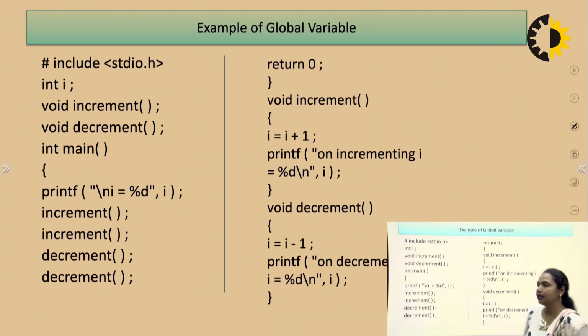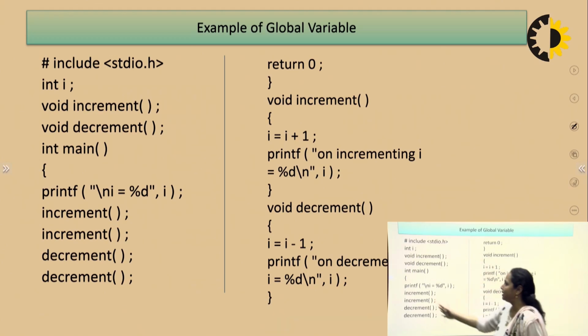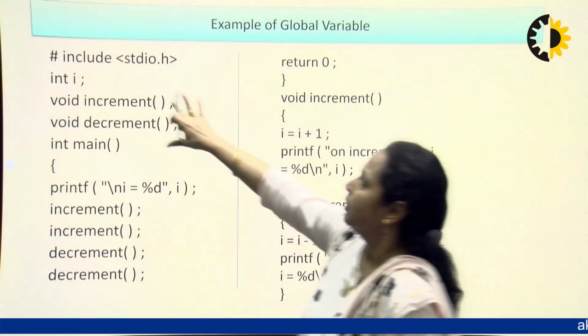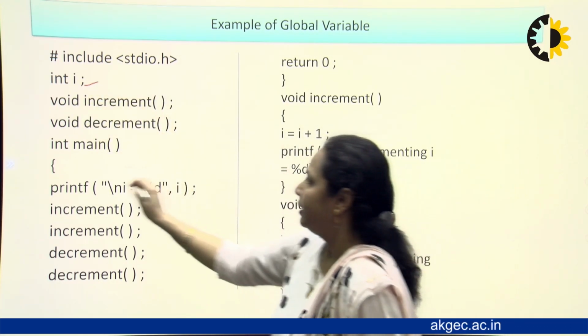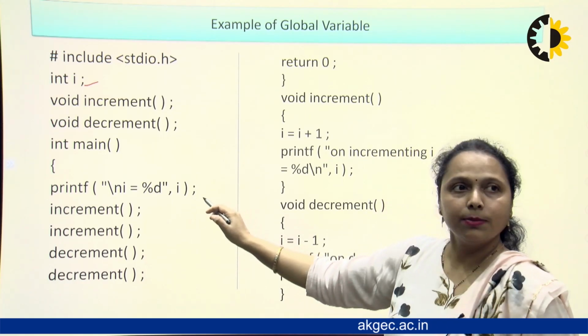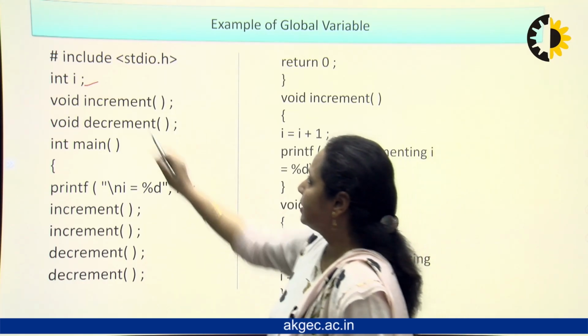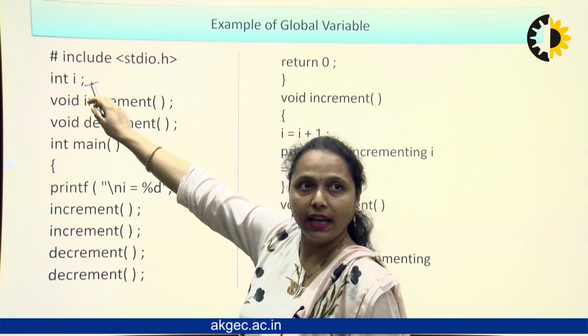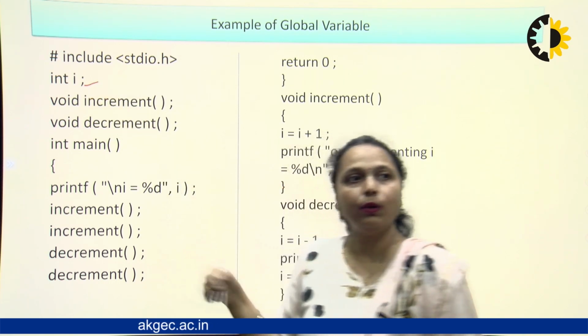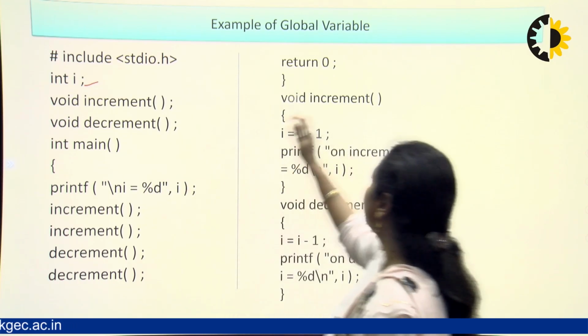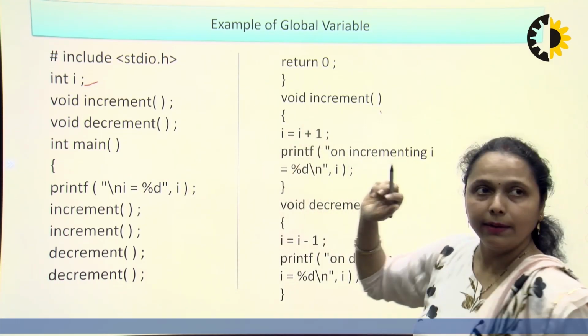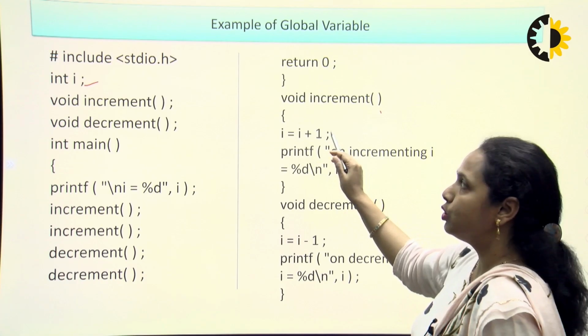We can discuss this with the help of this particular example, where int i is declared global and it is used in the main function, as no value is assigned over here. So what will it return? It will return 0. Now if increment is called, control will go to increment and it is written i equals i plus 1.